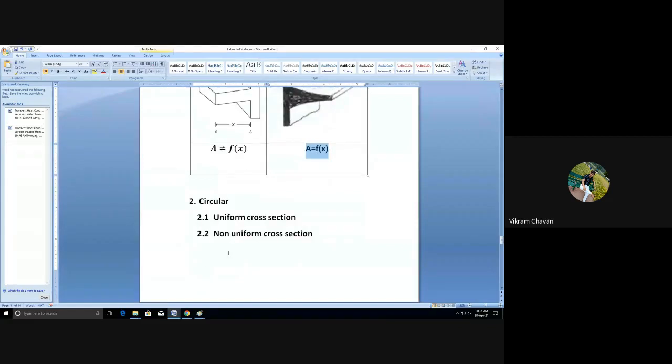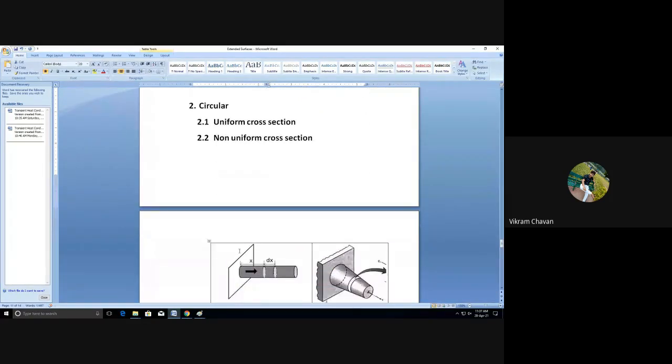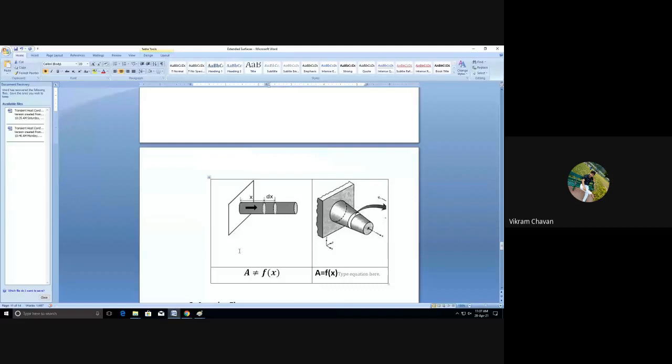Then second classification is circular fin. In that, the sub-classification is uniform cross-section and non-uniform cross-section.